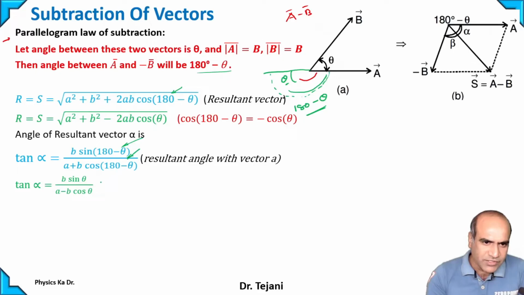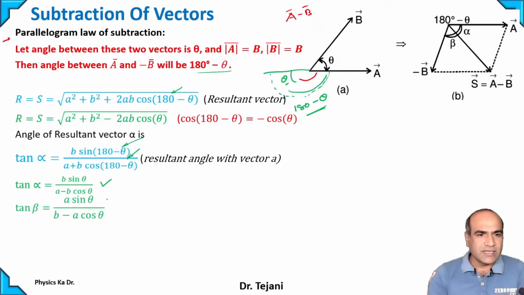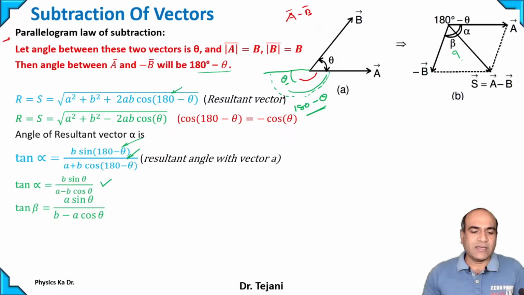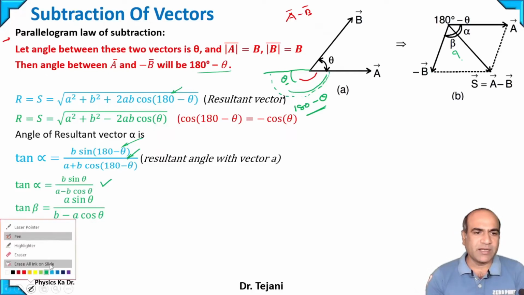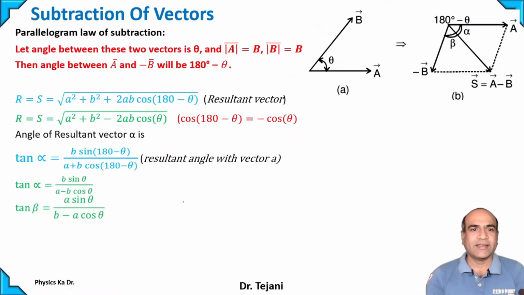So this is the equation of the resultant with respect to A, and similarly with respect to B, that means beta, it is A sin theta divided by B minus A cos theta. I think it is very simple and understood.